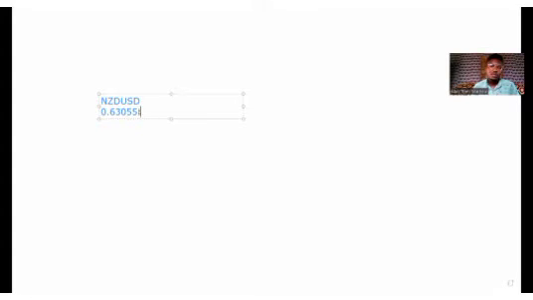So now, for you not to get confused, remove this last number, so we basically focus on 4 numbers. Do you get it? Now let's say this price moves from 0.6305 up to 0.6308.